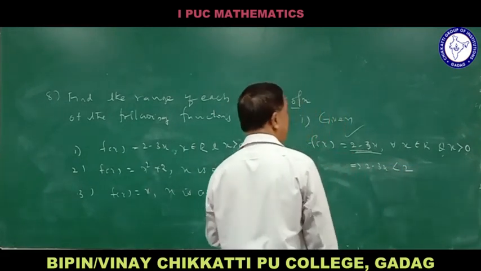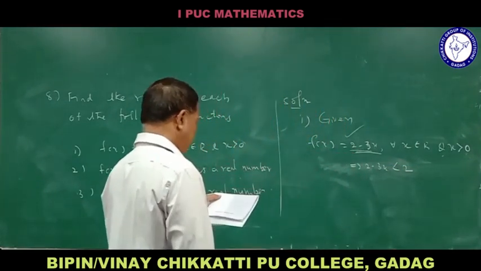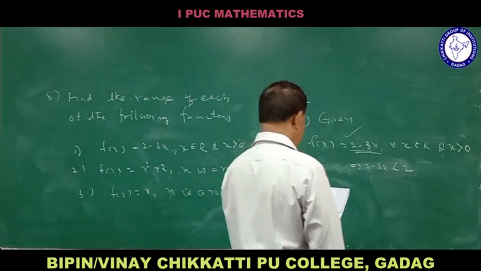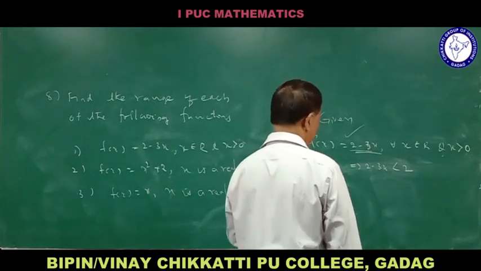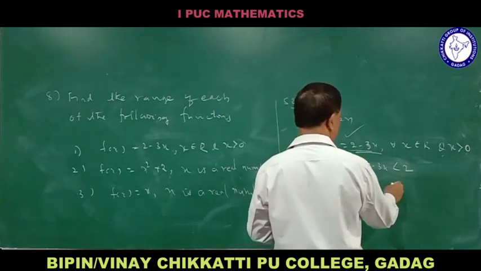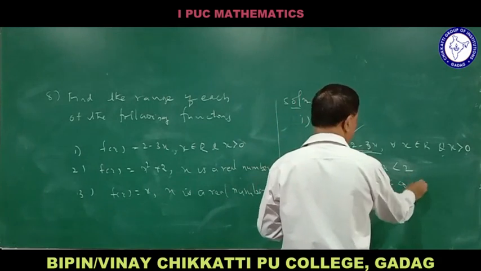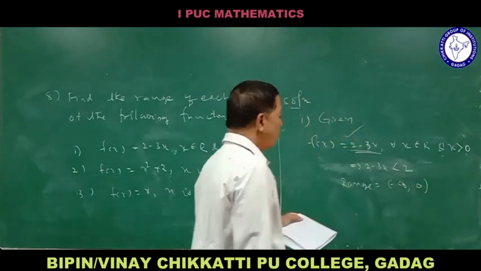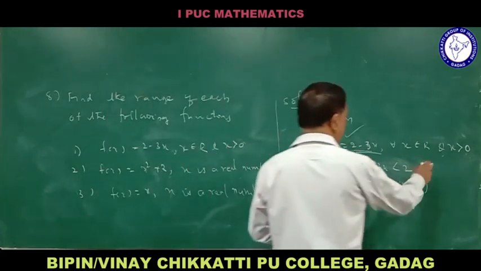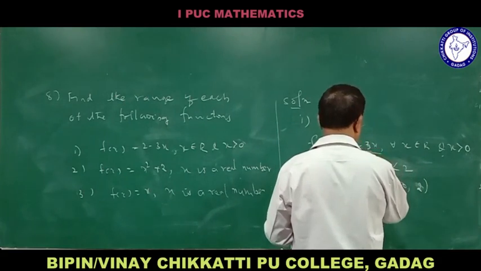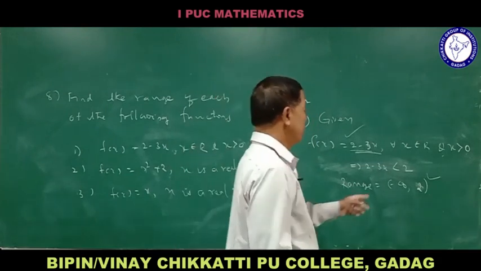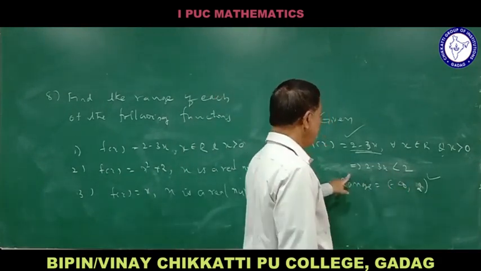Ultimately you can understand that the possible values, the range, is minus infinity up to 2. This is also open. Why? Strictly greater than 0 is there. When x is equal to 0 we get 2, so the maximum is less than 2 and all the rest negative.